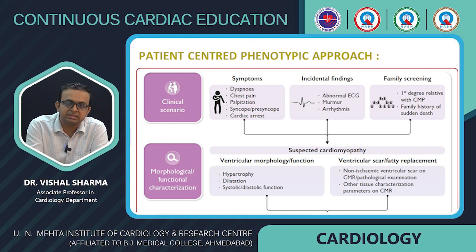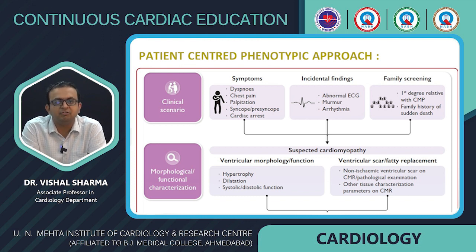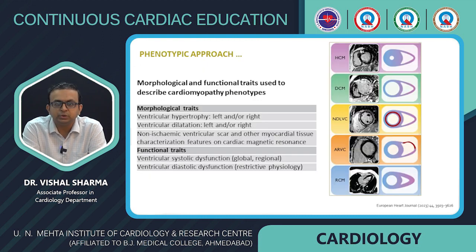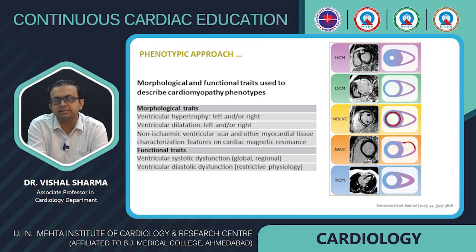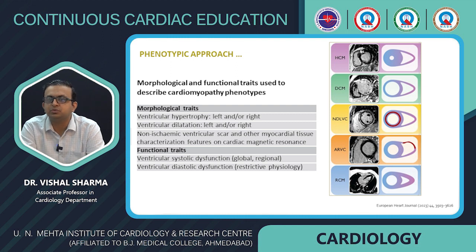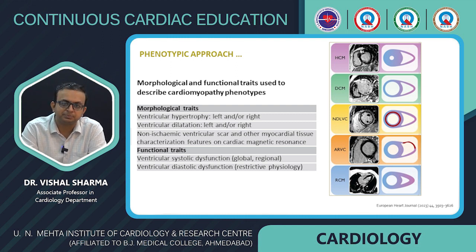Just a little imaging in such a subset of patients would help you to achieve a working diagnosis. So detailed assessment by simple 2D echocardiography would help us to classify a patient with heart muscle disease or cardiomyopathy into 5 subsets, which would form a working diagnosis upon which we can further develop.